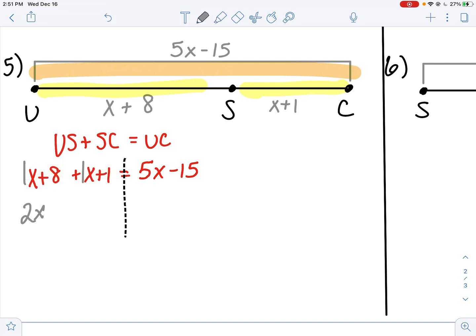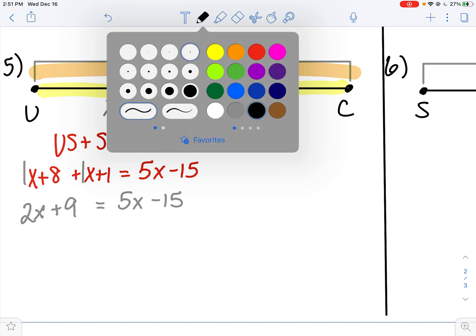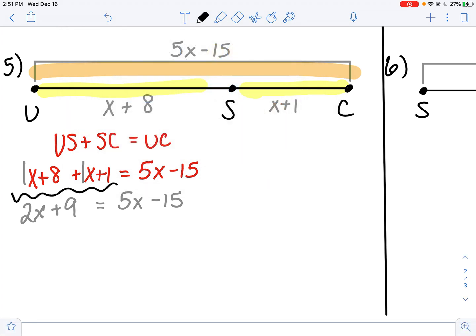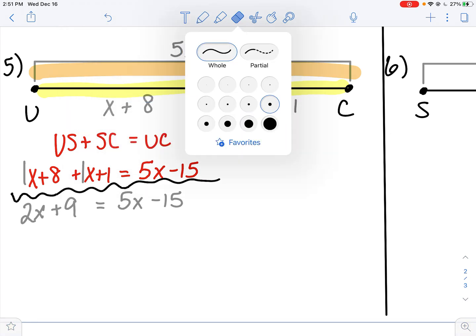And if I combine those, I get a 9. And that is equal to 5x minus 15. So let me just separate those two.